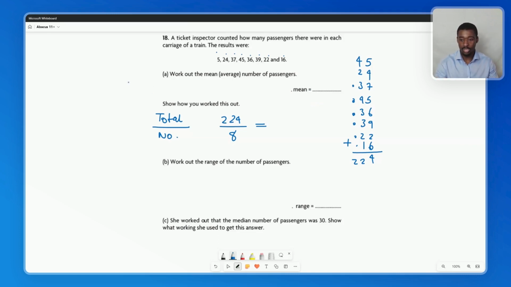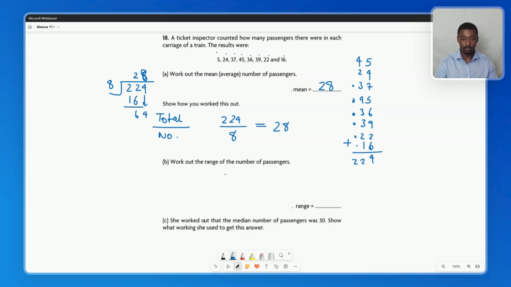So let's do this division. 224 divided by 8, or 8 goes into 22, 2 times wholly, 16, giving us 6 left over. And then 8 into 64 is 8. 8 times 8 is 64, right? So 28 is our mean number of passengers per carriage.